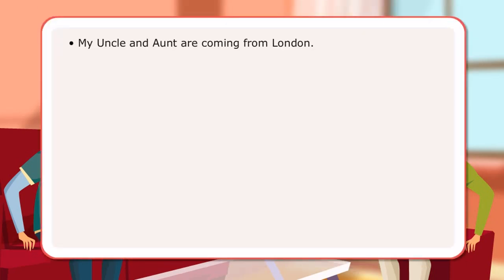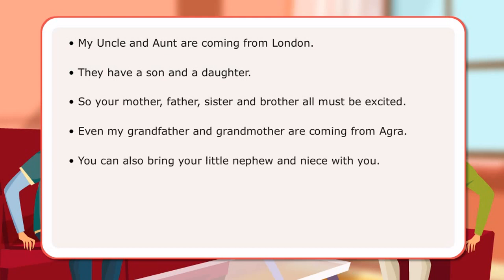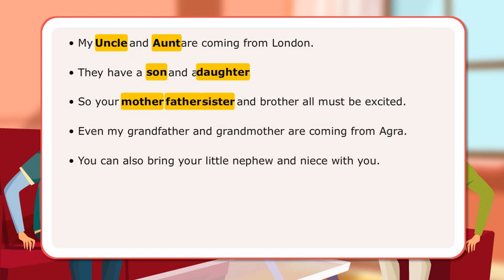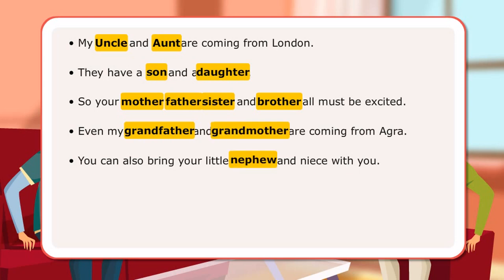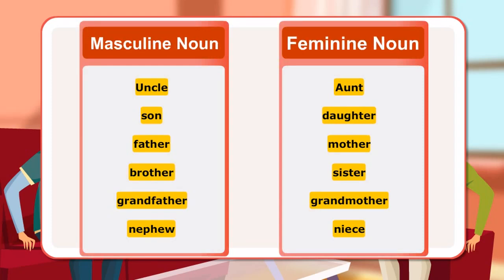In the dialogues, the boys used different words to denote males and females. The words uncle, aunt, son, daughter, mother, father, sister, brother, grandfather, grandmother, nephew, and niece are examples of masculine and feminine nouns.